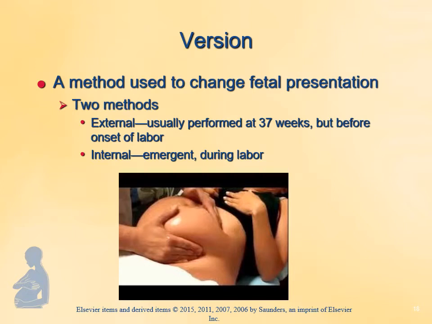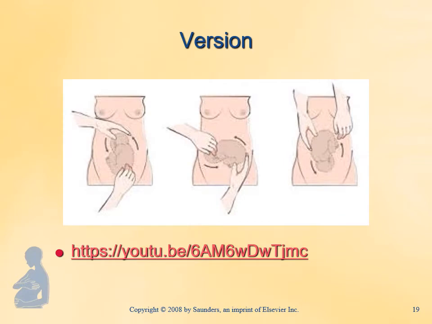It causes that smooth muscle relaxation, and it allows the provider to manipulate the abdomen a little bit easier. I'll just have you check out a video on YouTube to watch this, and it'll really give you an idea of how they go about doing that. I see them done fairly often, and I can say probably only about 50% of them are effective.